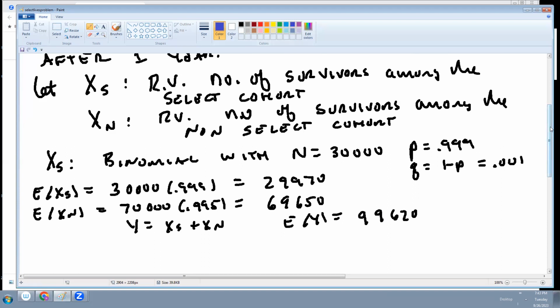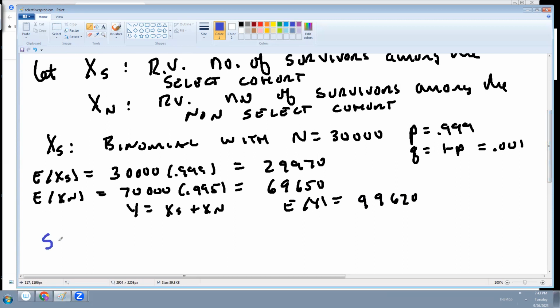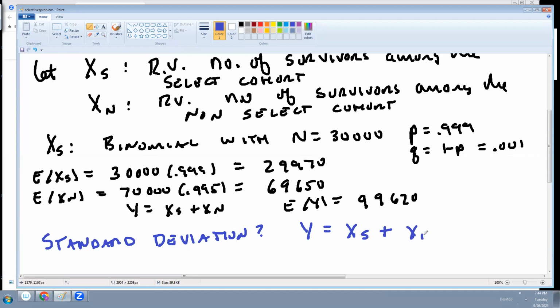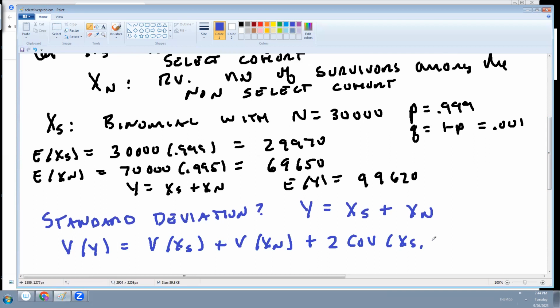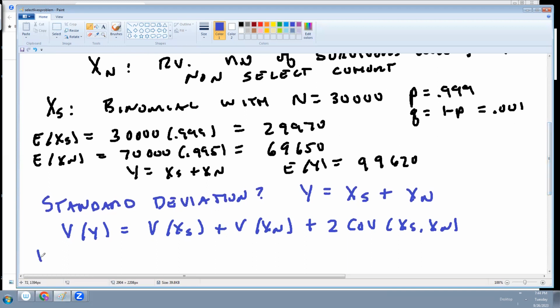Now that's the easy part and very intuitive. So the next question is, what about the standard deviation? Well, if we let random variable Y, as I said, be X sub S plus X sub N, we know that the variance of Y is going to be the variance of X sub S plus the variance of X sub N plus 2 times the covariance of X sub S and X sub N. But remember, all the lives are independent.